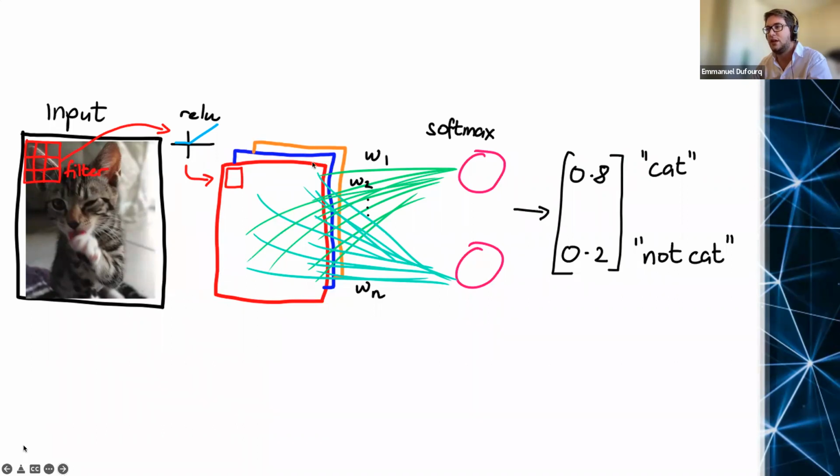In this diagram, I have 3 filters, and each filter creates a particular channel in the feature map, the red one, the blue one, and the orange one. And then essentially we're flattening everything, creating a really long vector, and connecting all of those things.